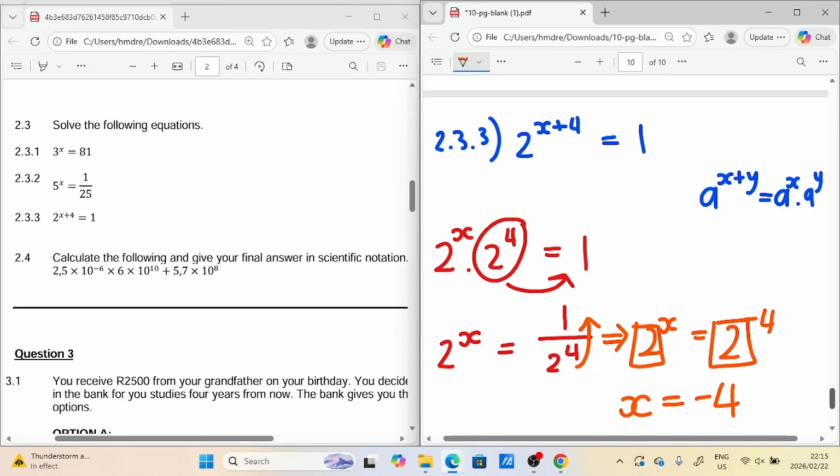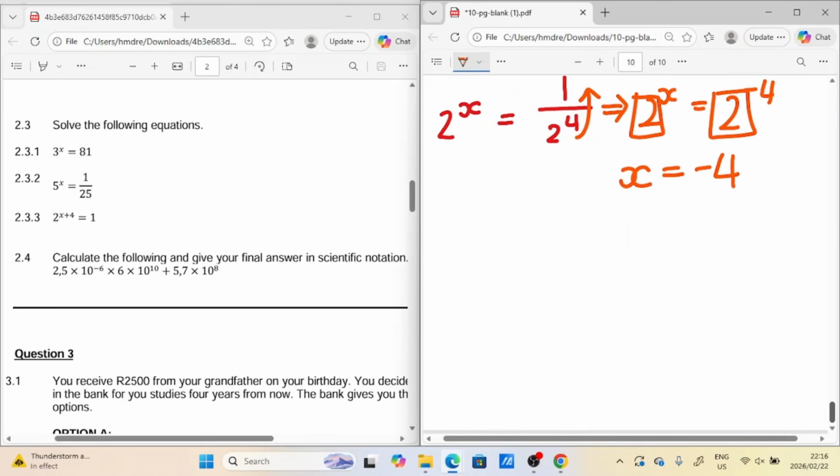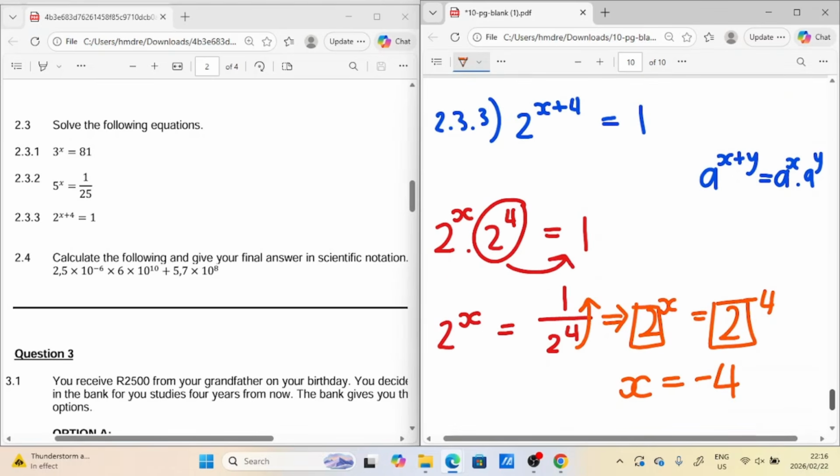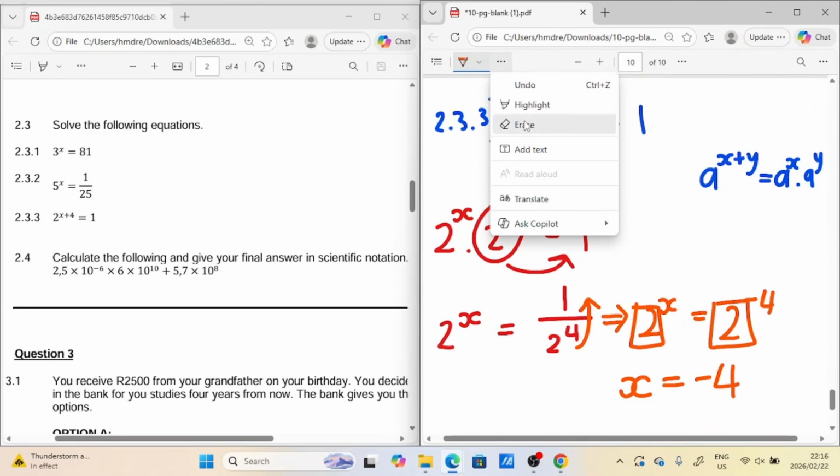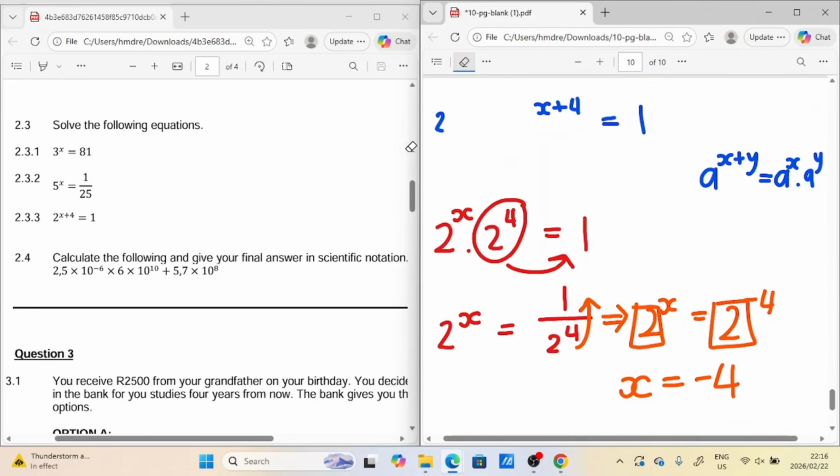Okay, and then question 2.4. Question 2.4 is they want us to calculate the following and then give our answer in scientific notation.